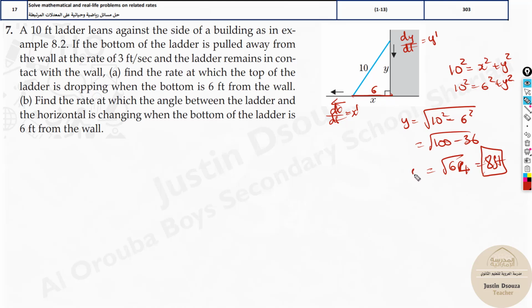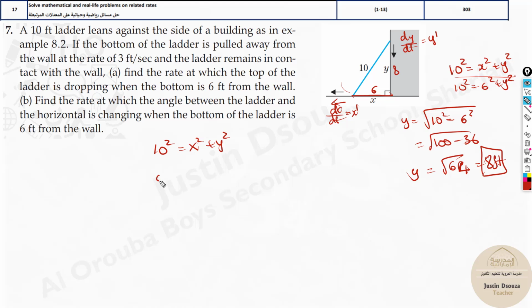Now we found y as well. Y is 8 and the ladder is 10. At the situation where x is 6, the y value is 8. Now what do we need? We need to find this y dash. How can we connect all this? The same Pythagoras theorem. I'll write this formula out over here again. 10 square is equal to x squared plus y squared.